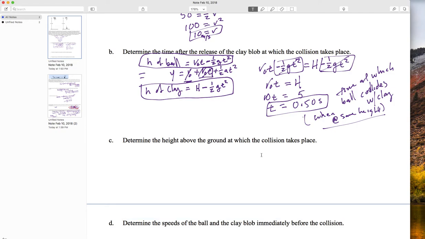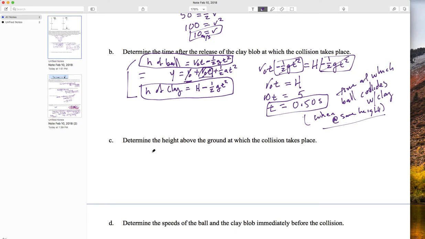So let's think about this. The height above the ground. Well, what should we do? We had expressions for the height right here. And we had the expressions for the height, so let's take the time value and just figure out what that is.